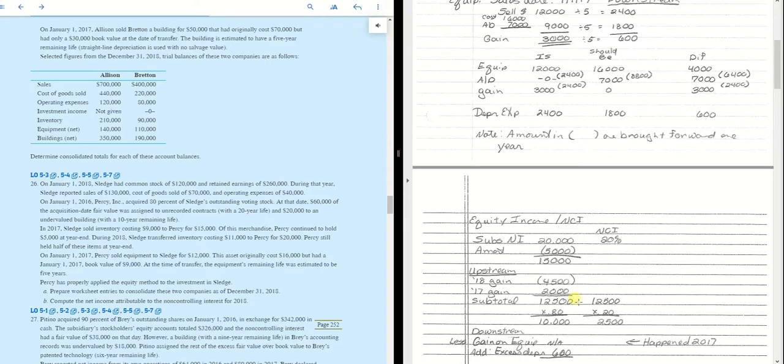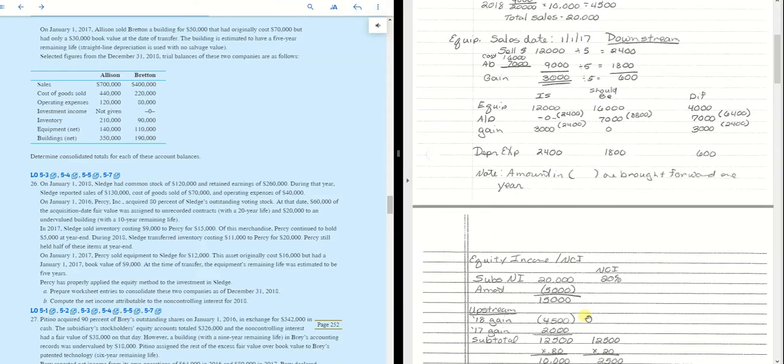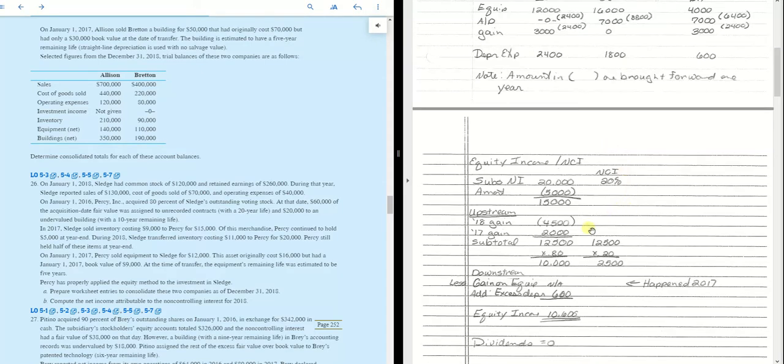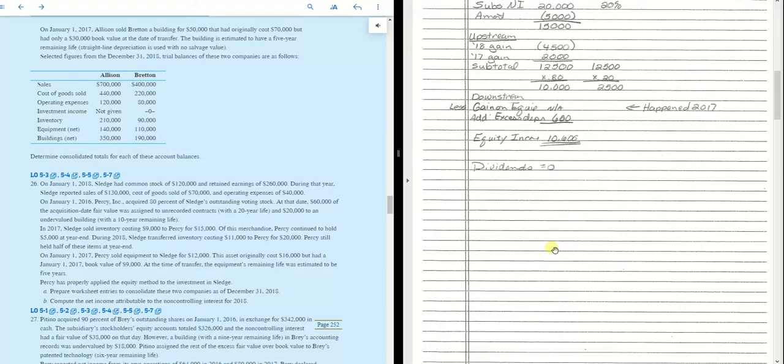Last year, I would have subtracted 3,000 and added back 600. And the next year I add back 600. The next year, actually I add back 600 for 5 years. Okay. All right, so my equity income is $10,000. Whoops, $10,600. Okay. All right, and dividends are 0 in this one.